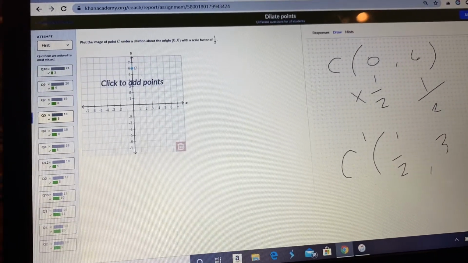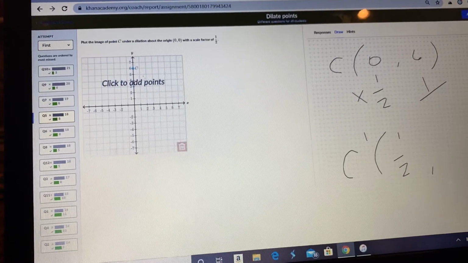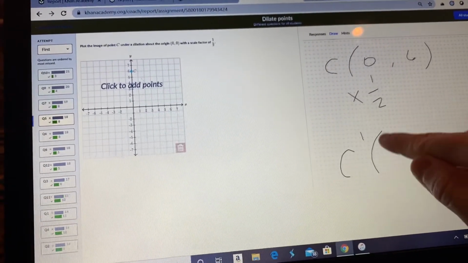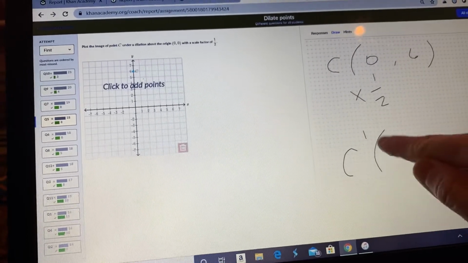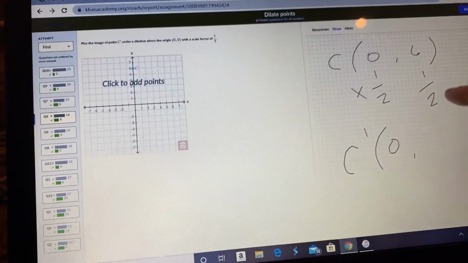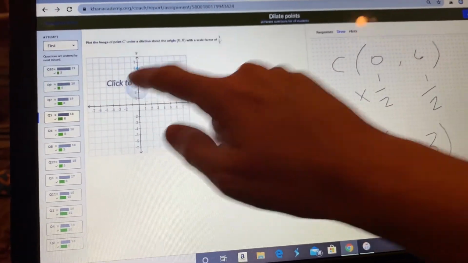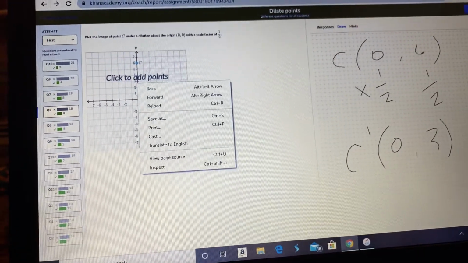When you multiply 0 times 1/2, you're still at 0. Sorry about that. And when you multiply 6 by 1/2, you're at 3. So instead of being at (0, 6), we're going to be halfway there at (0, 3).